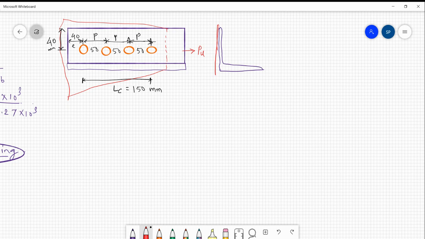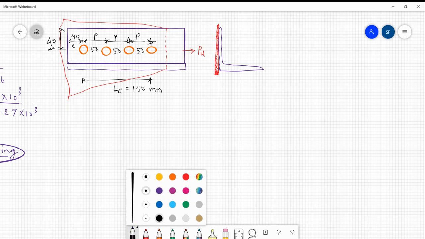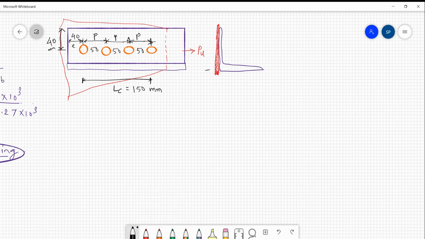This hashed portion is the gusset plate of thickness 8 mm. Now this leg length is 55 mm, and this is again 55 mm. Both leg lengths are 55 because this is an equal angle section.